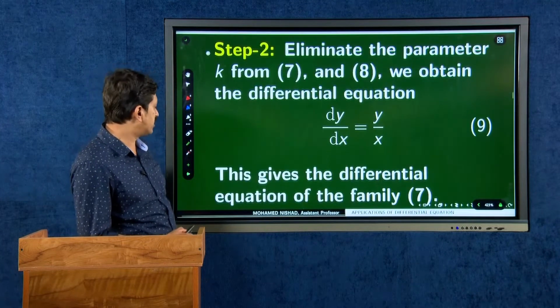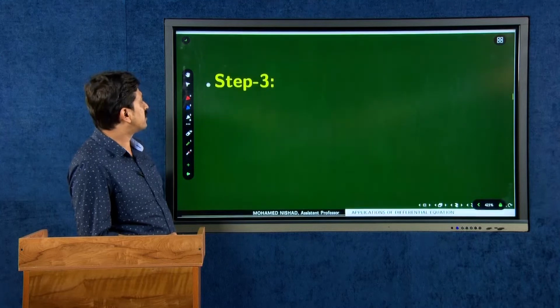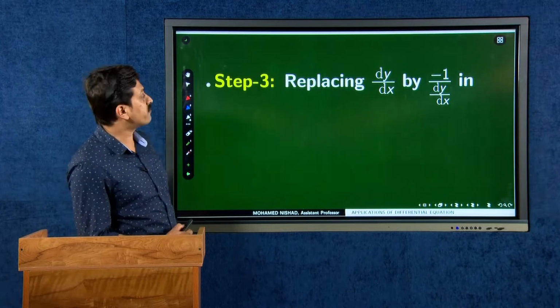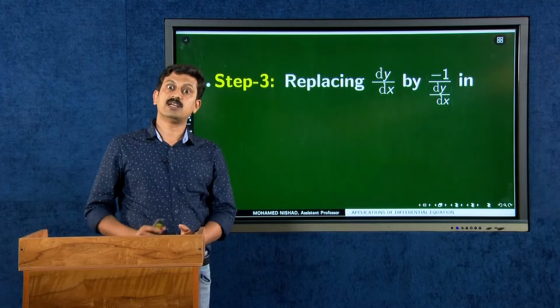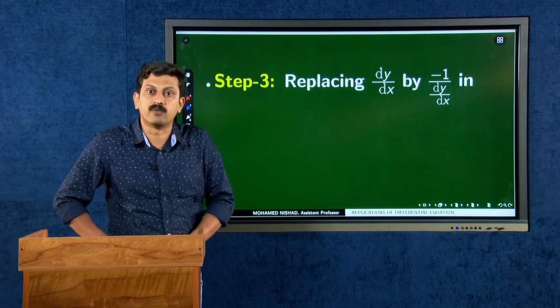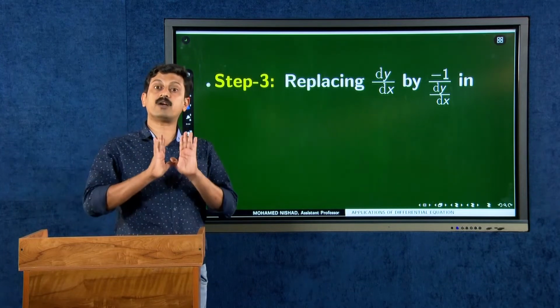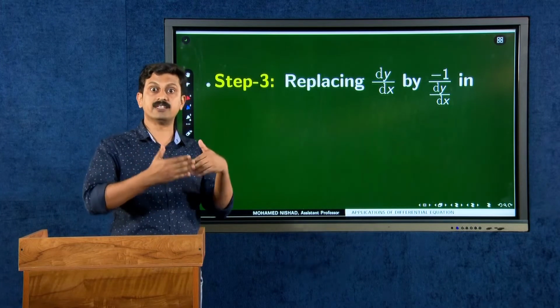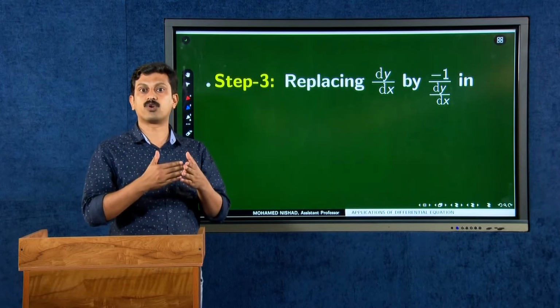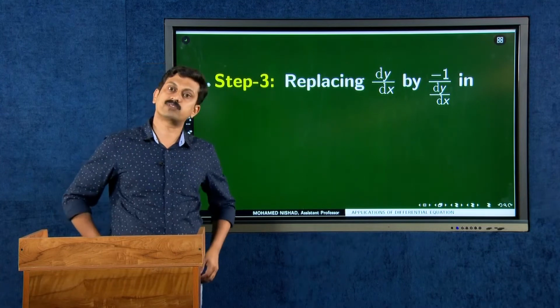So, dear students, this is the differential equation corresponding to the family. Now, the next step is we have to replace dy by dx with minus 1 by dy by dx. Our aim is to find the family of curves which are orthogonal to this given family of straight lines.